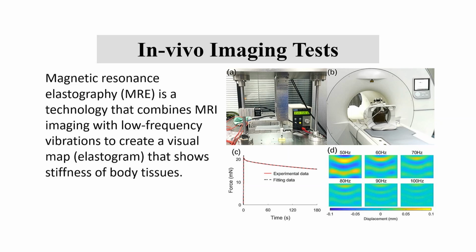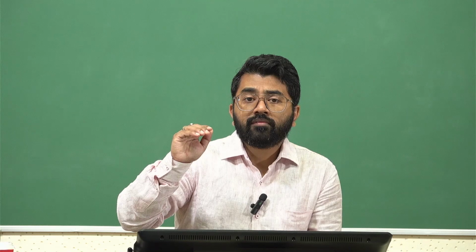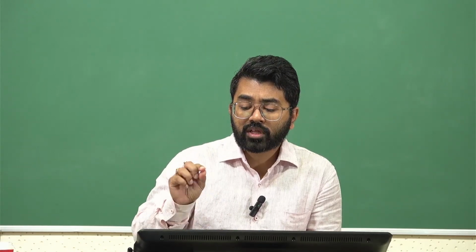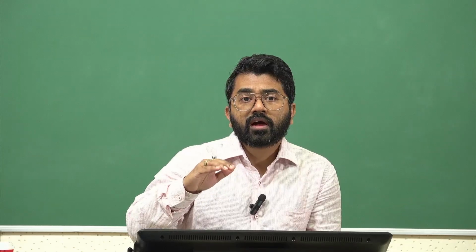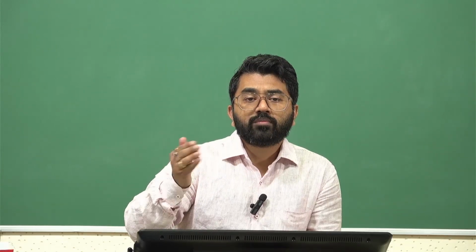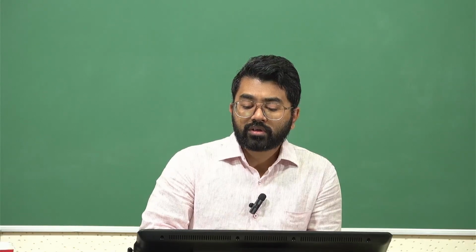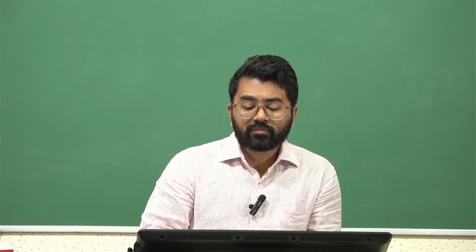So what this does is you are basically taken within an MRI machine, right? And low frequency vibration waves are created, and based on that, the tissue's response to those vibration waves is taken into account through the different imaging modalities which are involved.